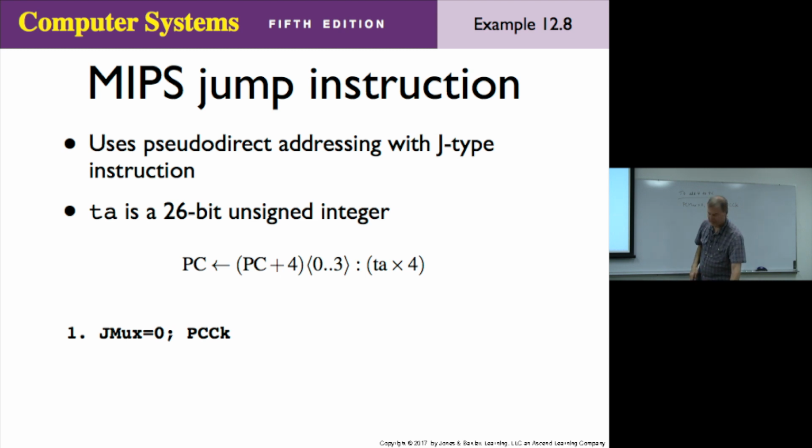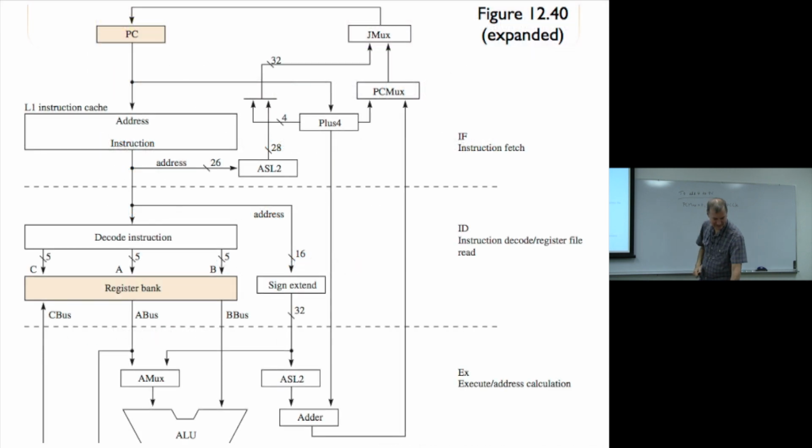Now look at what it takes to do that. JMUX equals 0, PCCK. Now why is that? Let's come back to figure 12.40, our expanded version here. It takes what's in the program counter, and that goes through the plus 4. And you see the 26 bits from the address field come off of the instruction. These 26 lines are coming from the address field of the instruction, and they go into ASL2.